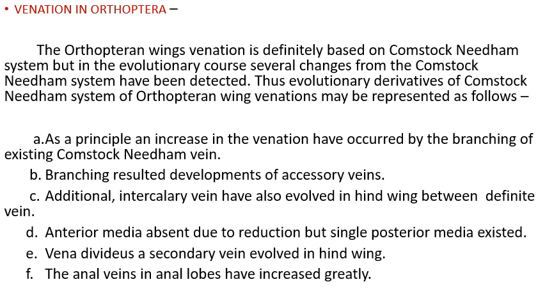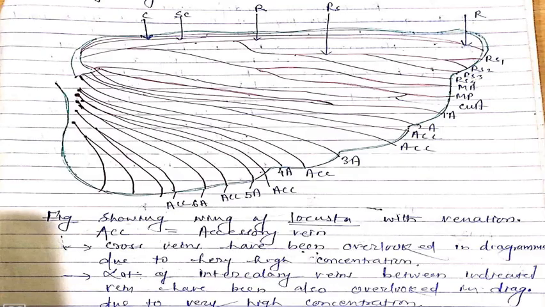The branching resulted in the development of accessory veins. Additional intercalary veins have also evolved in the hindwing between definite veins. An anterior media is absent due to reduction, but a single posterior media existed. Vena dividens, a secondary vein, evolved in the hindwing, and the anal veins in the anal lobes have increased greatly. So these are the major modifications of the Orthoptera.